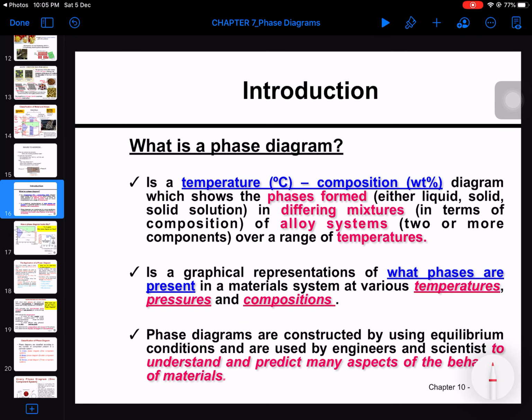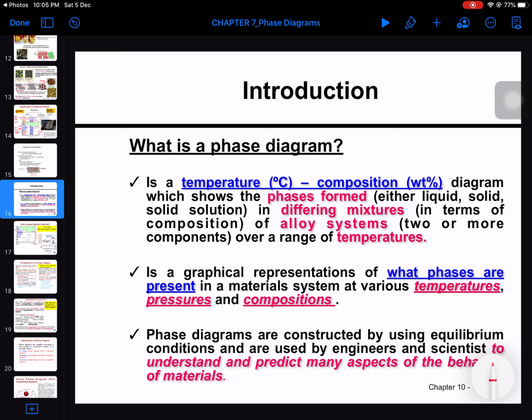As an introduction to the phase diagram, let's have a look at what is meant by a phase diagram. A phase diagram is a temperature-composition diagram for elements, and it can be thought of as a map giving the microstructure of the resultant alloy at any given temperature and composition.